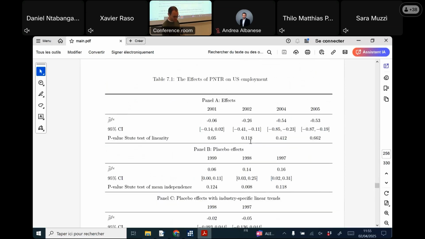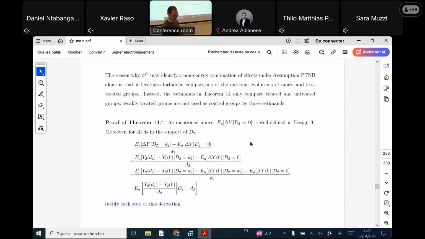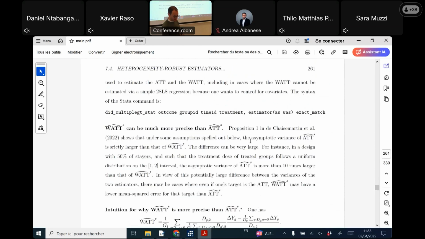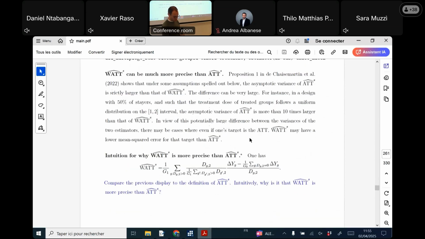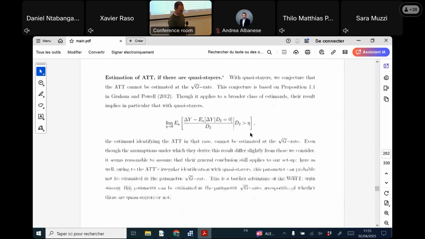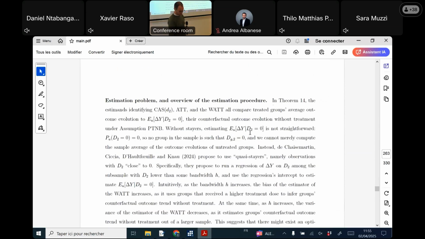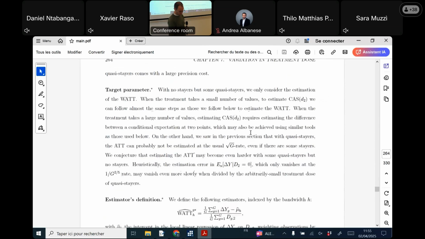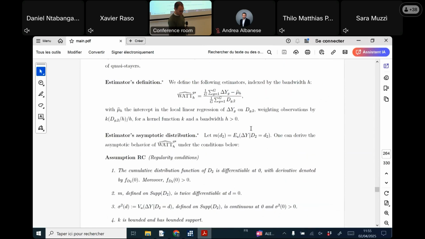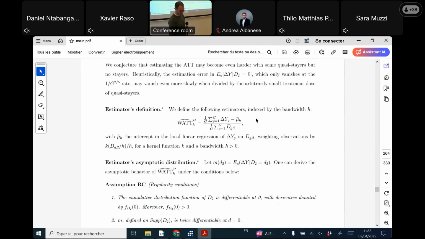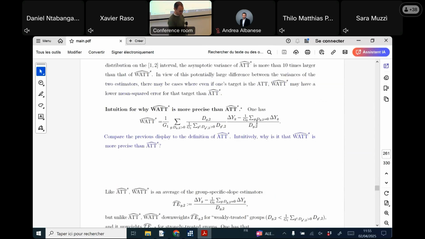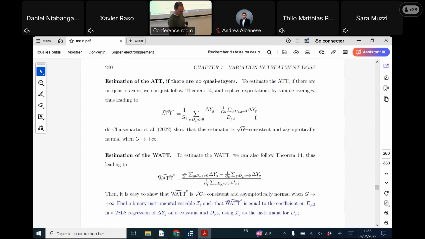Why is that? Well, that's because without stayers, even if you have quasi-stayers, you're going to end up having to use non-parametric estimators, which are going to converge at a slow rate. So what's the estimation challenge?